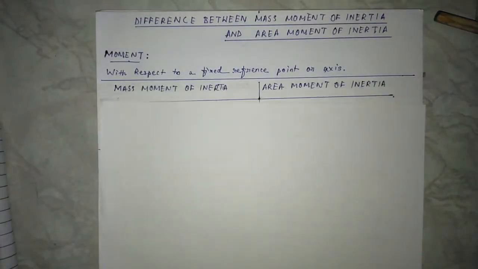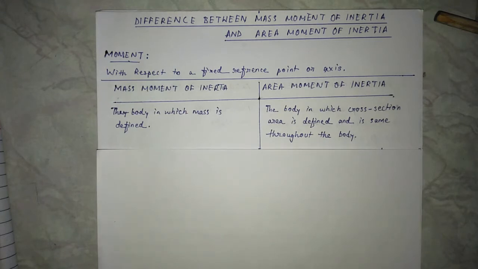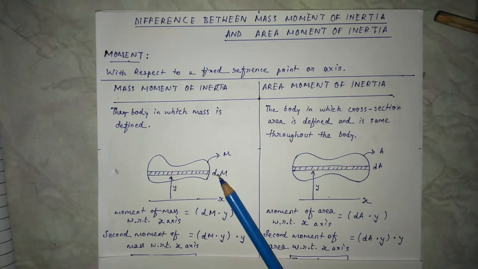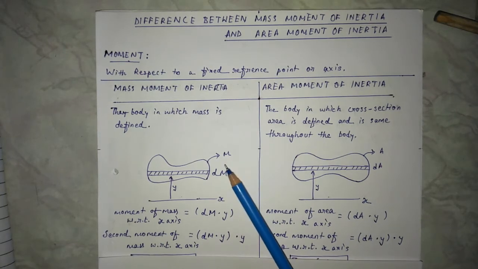Then let's see the difference in the definition. In mass moment of inertia, the body is one in which mass is defined, and in area moment of inertia, the body is one in which cross section area is defined and is the same throughout the body. In mass moment of inertia, first of all, we take a body with some mass.